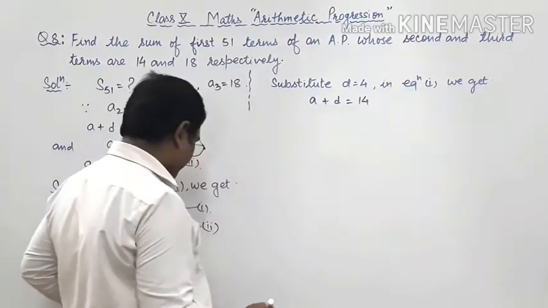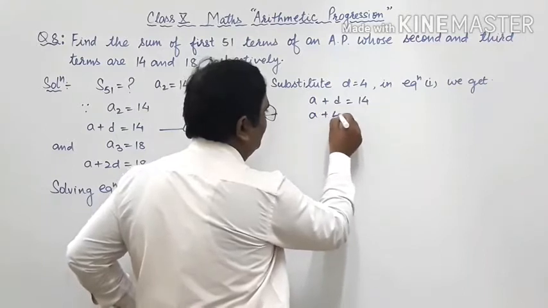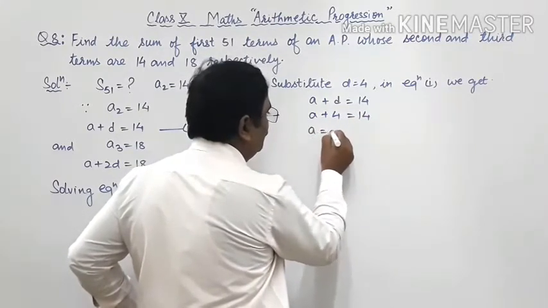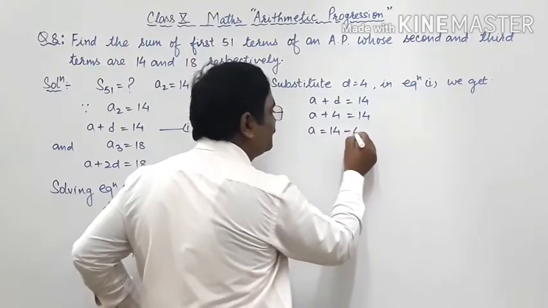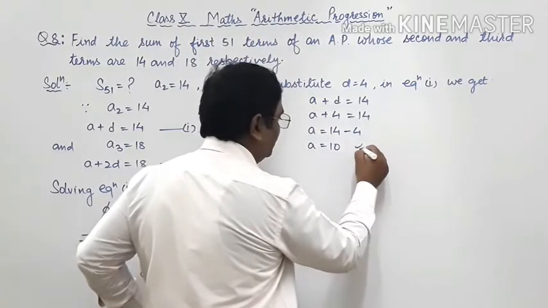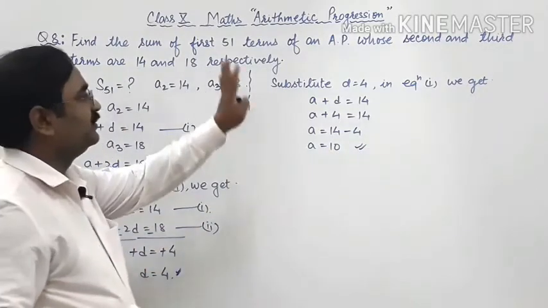Now the value of D is 4, so A plus 4 is equal to 14. Therefore, A is equal to 14 minus 4, so A is equal to 10. We now know the value of A and the value of D.